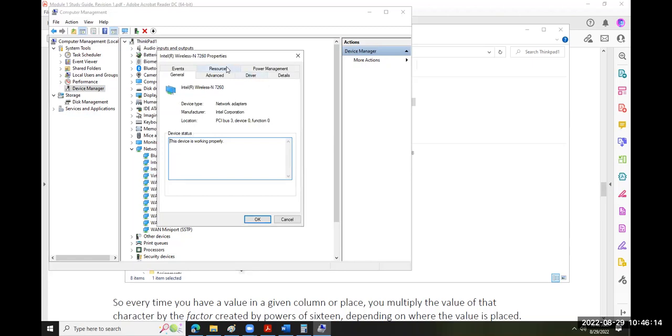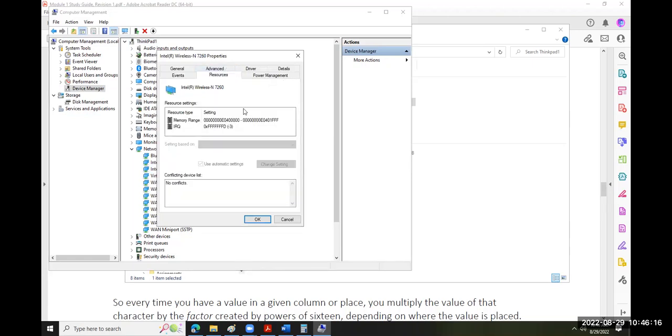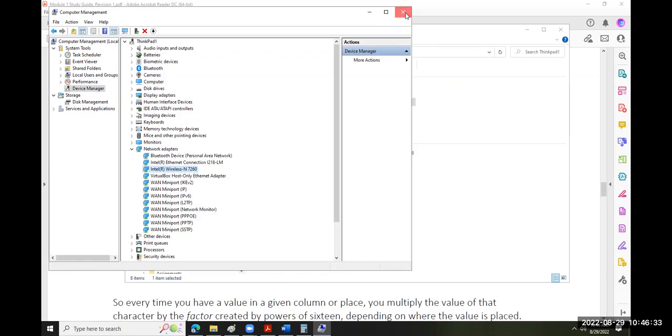The memory address location for the virtual wireless card, right? You see these hexadecimal values for the IRQ? Am I going to expect you to be able to convert to decimal from hex in your head? No, I'm not.